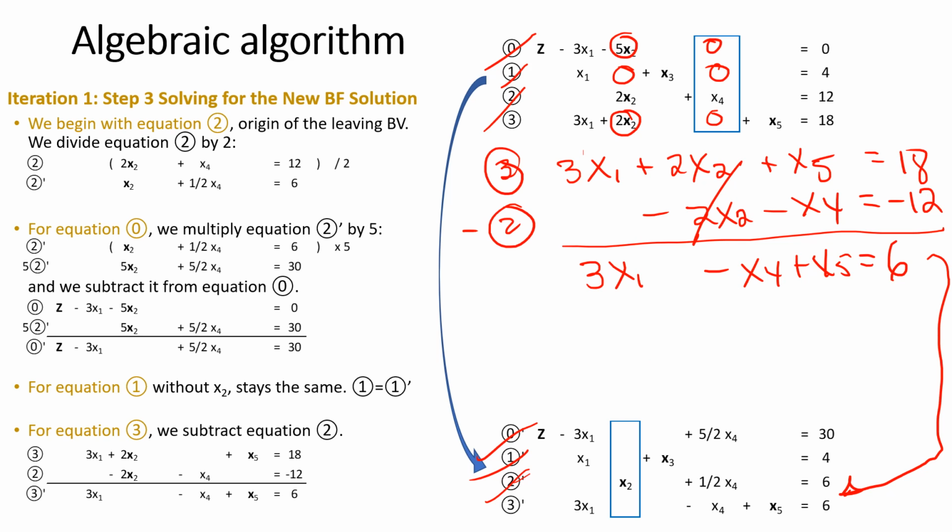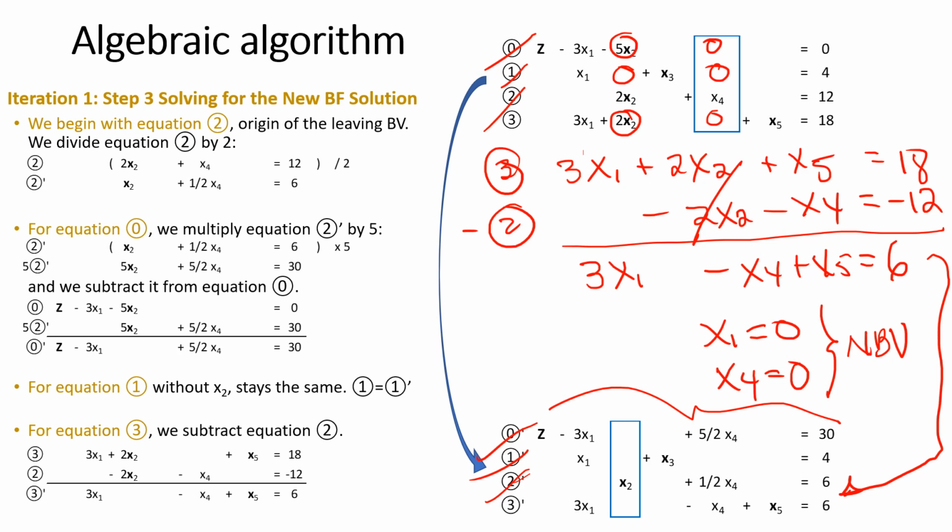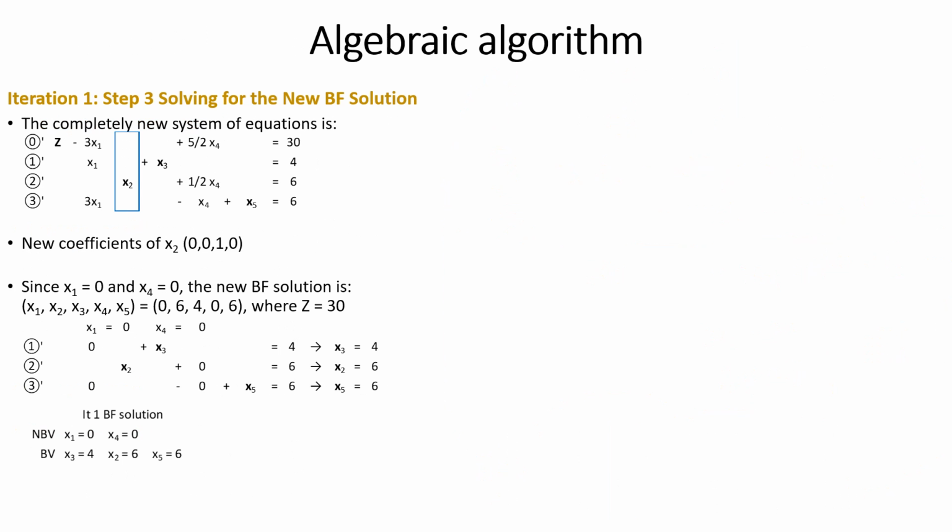And after doing this, with this new system of equations, what we have is x1 equals 0 and x4 equals 0. These are going to be our non-basic variables. So let's finish this point and solve our BF equations.